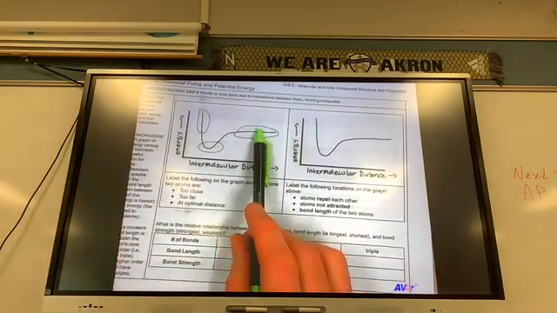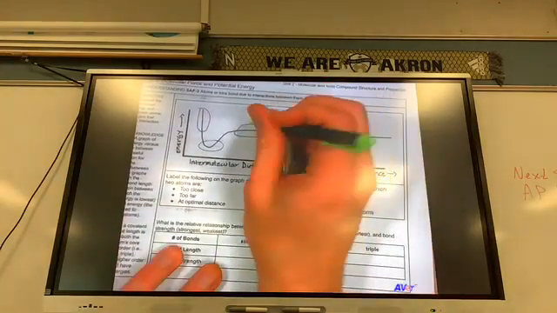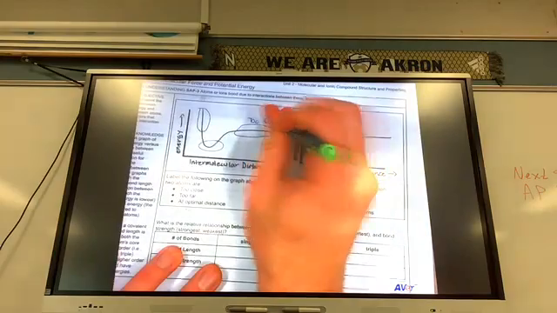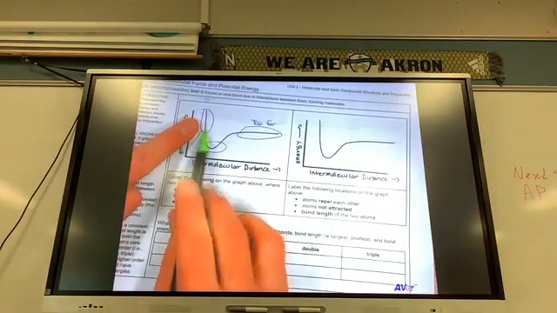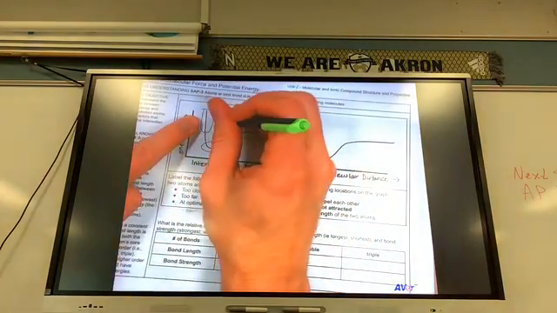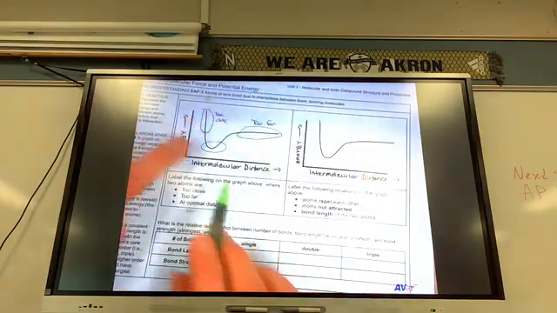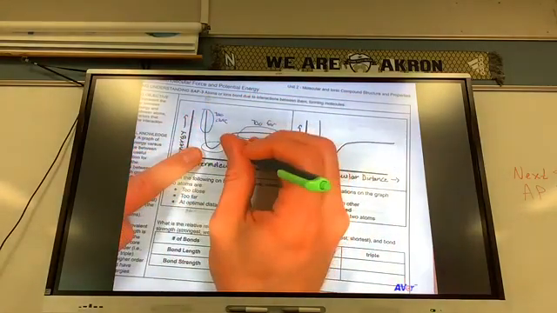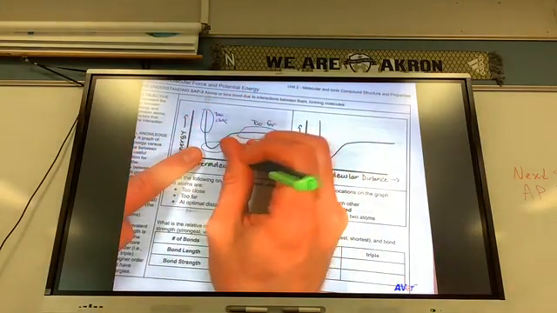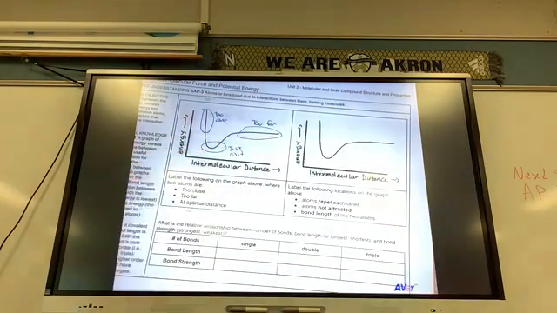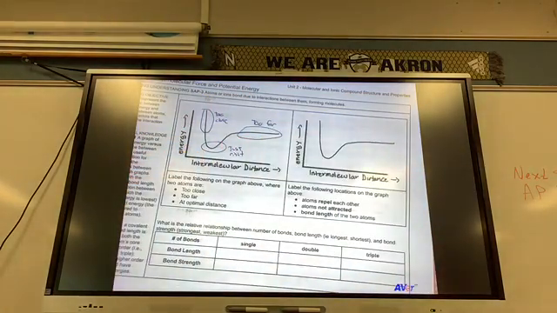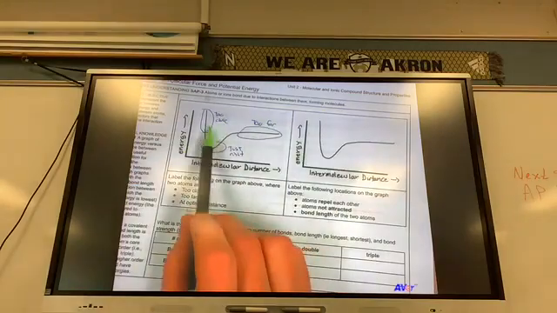What did you label this section? Too far. What did you label this section? Too close. And this section? Goldilocks zone. Just right. Perfect distance. If these are too close, what's going to happen?